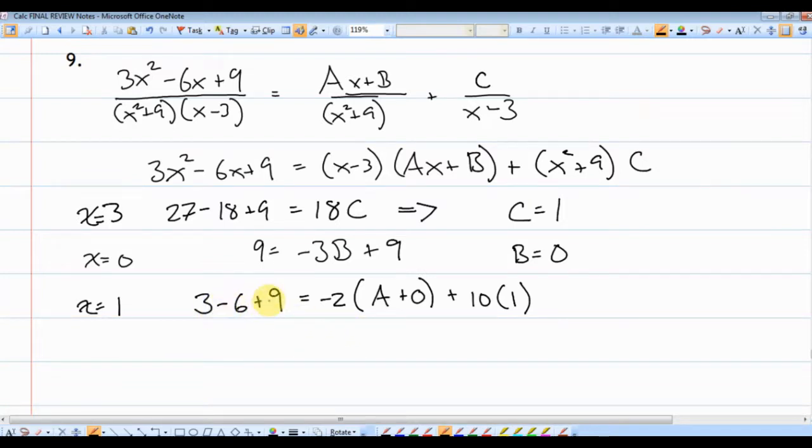So 6 equals negative 2a plus 10, negative 4, a equals 2. It would be wise if you picked good numbers. Once you find one, you can plug into the other, so you don't need to plug it back.